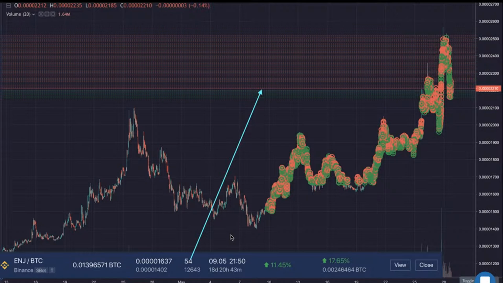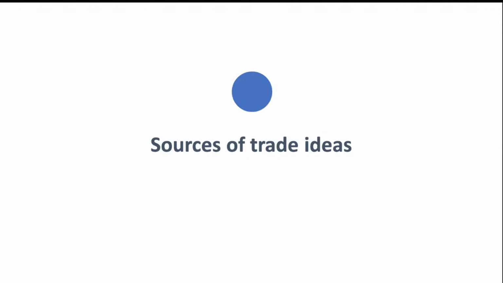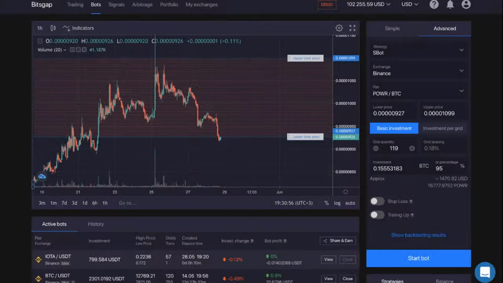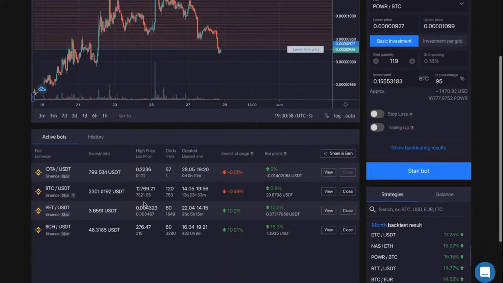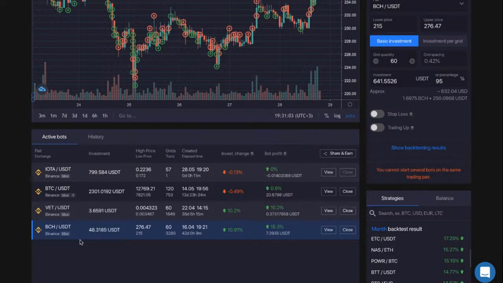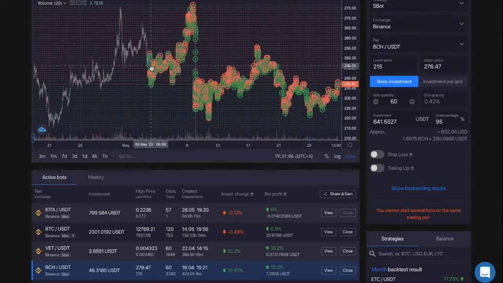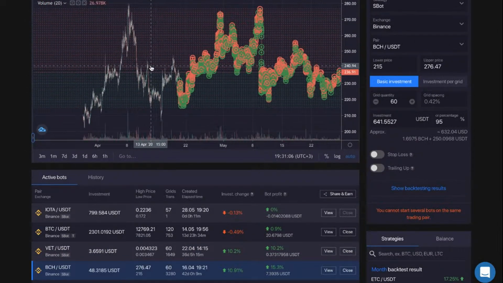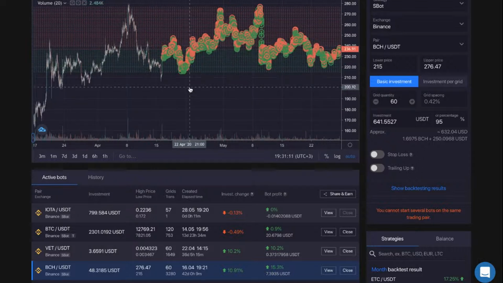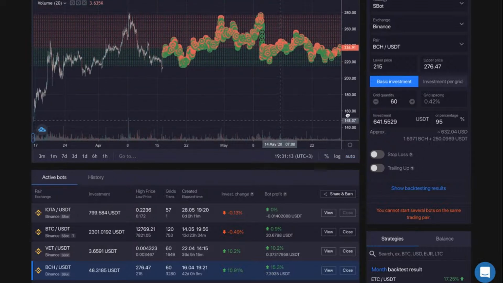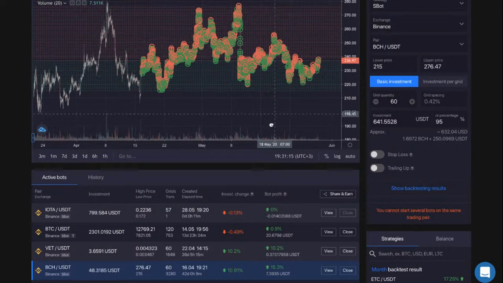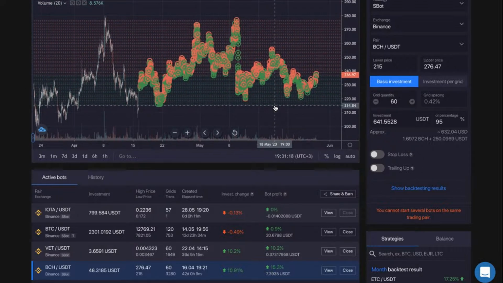All right, let me show you some of my other active bots right now. For instance, Bitcoin Cash trading to USDT. Here you can see that we are in the sideways market, which is ranging from 214 up to 276.